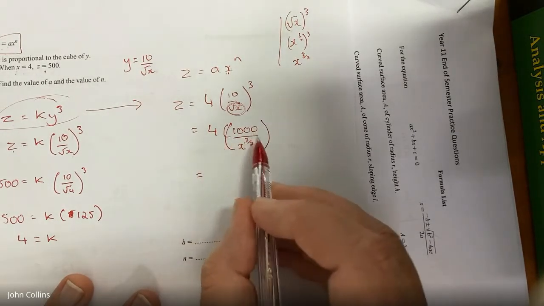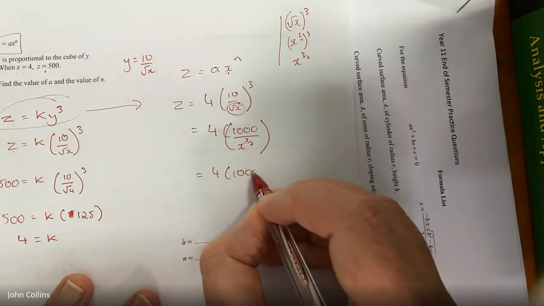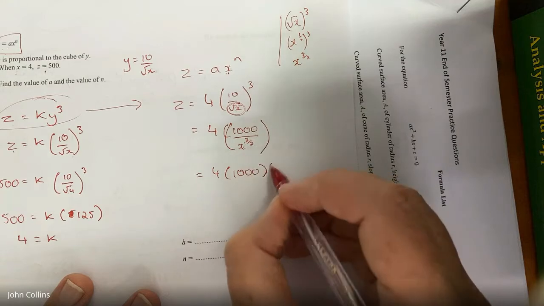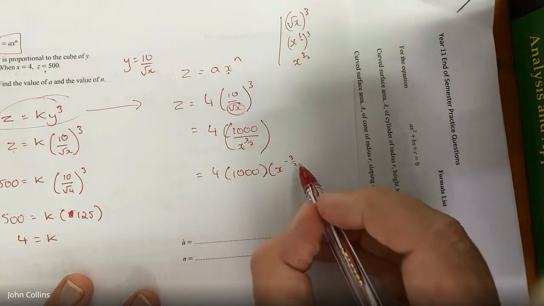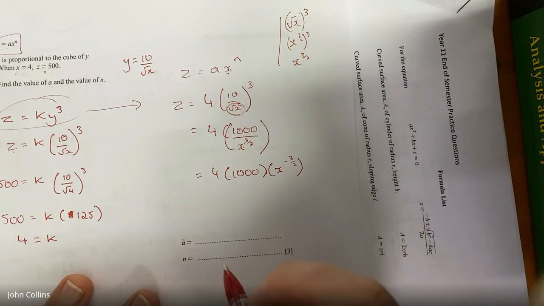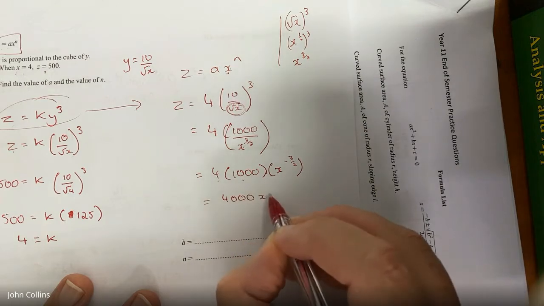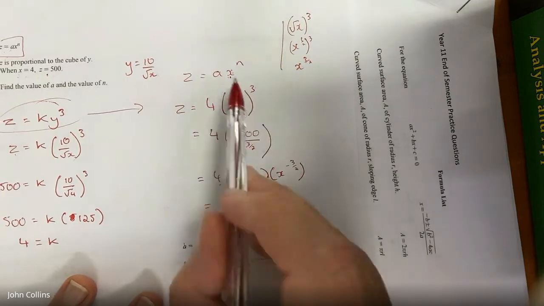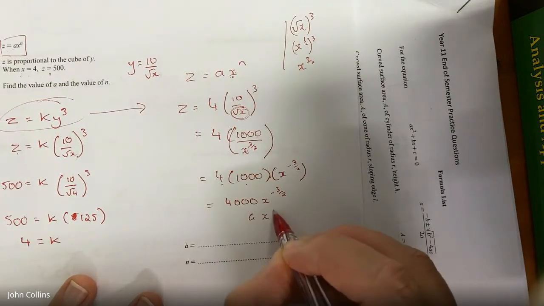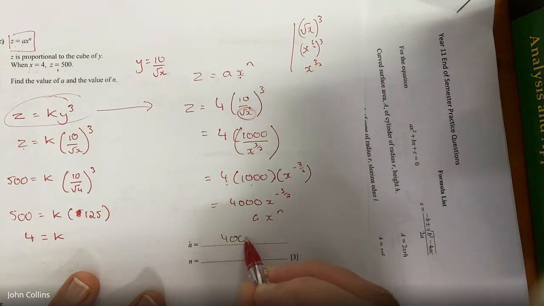So 4 times 1,000, if you want to still have it times 1,000. And I can bring this up using my rules of indices. If you remember, it's minus 3 over 2. And 4 times 1,000 is 4,000. Now, if we compare that to this statement up here, a x to the n, a must be 4,000, and n must be minus 3 over 2.